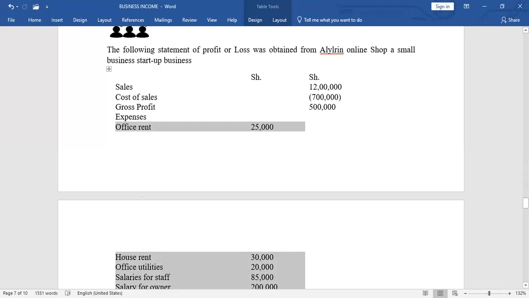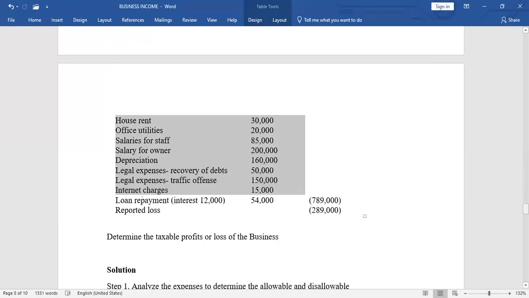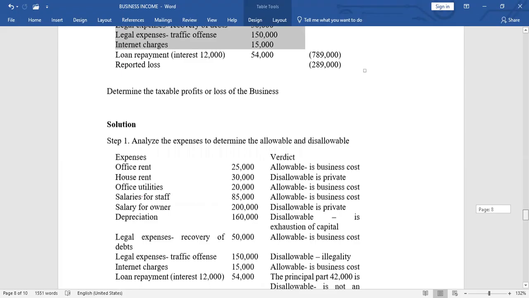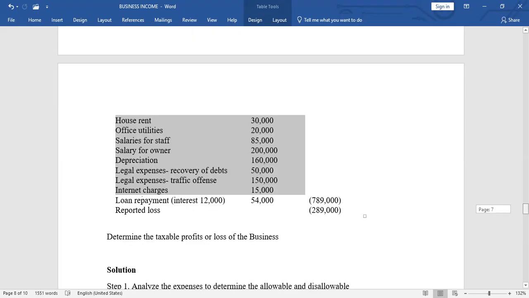Tell me the expenses that are not allowable. Somewhere you have the answer. Identify quickly.